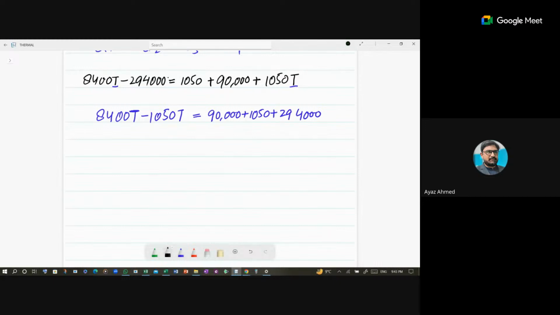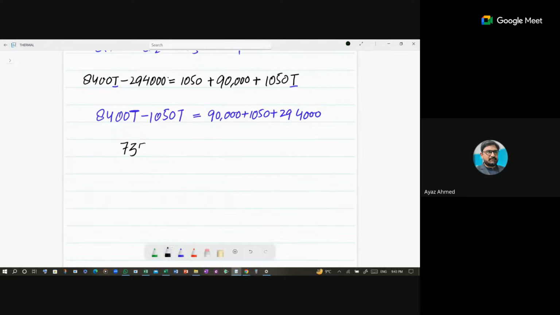कितना आएगा ये? 385050 right side पे. ये वाली वैल्यू 8400 minus 1050. Sir, 7350T.